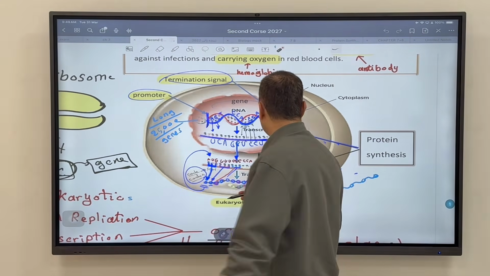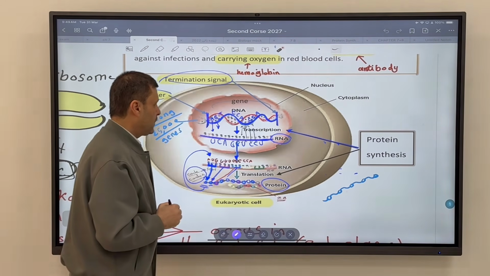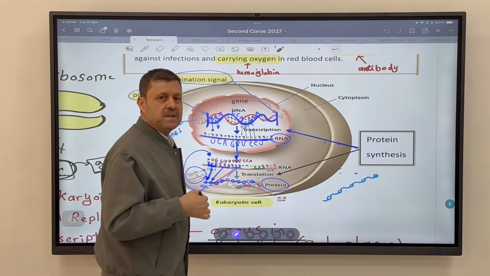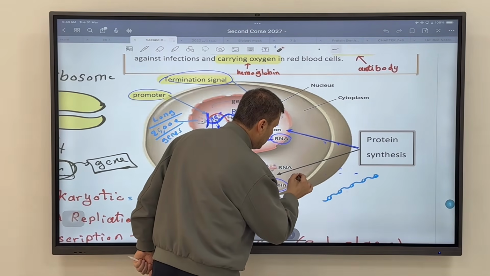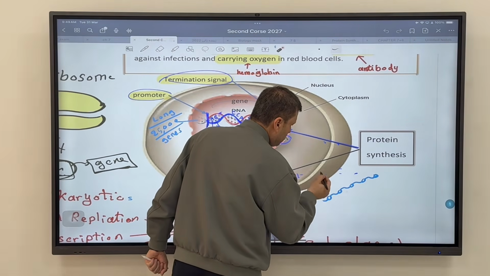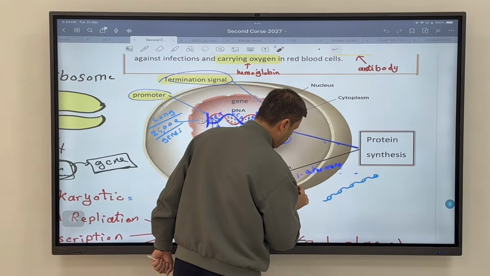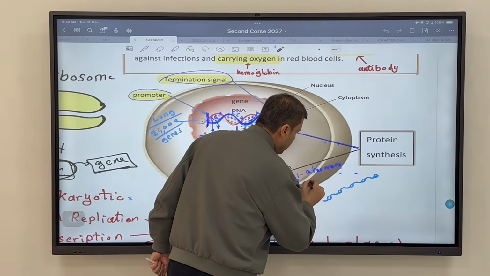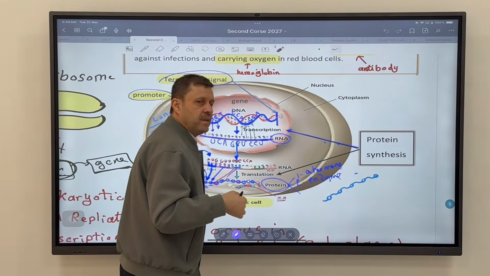Second one, this protein, which is made by transcription and translation, both steps together, may be any protein in our body. Okay, for example, it may be a hormone, an amino acid-based hormone, or maybe an enzyme that helps in digestion.